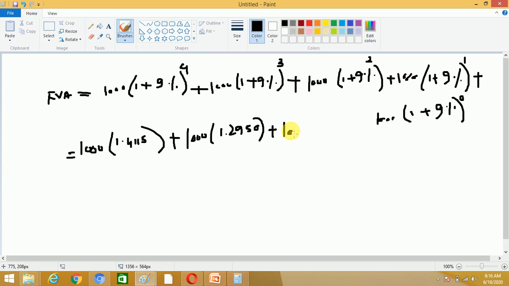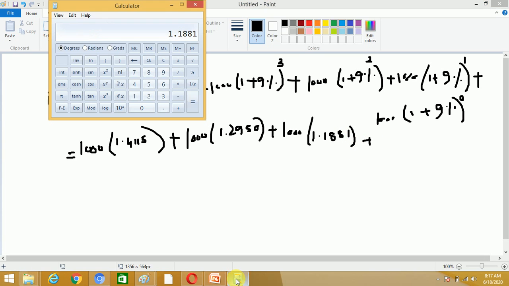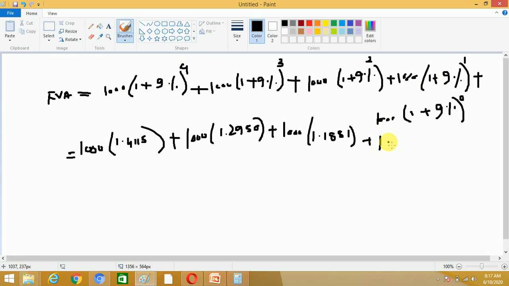So 1000 into 1.1881, plus 1000 into 1.09 power 1.